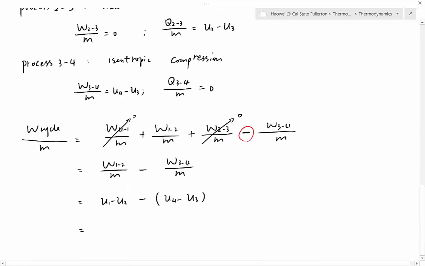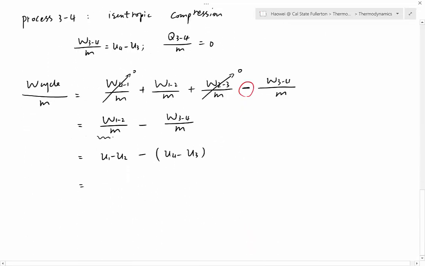So now we can actually rewrite W12 per unit mass as the area under curve 1-2, and minus the second term, W34 per unit mass, that is the area under 3-4.